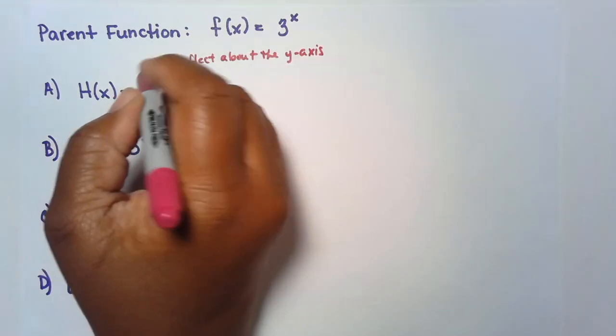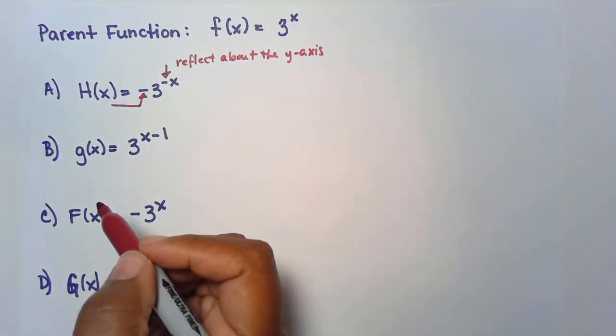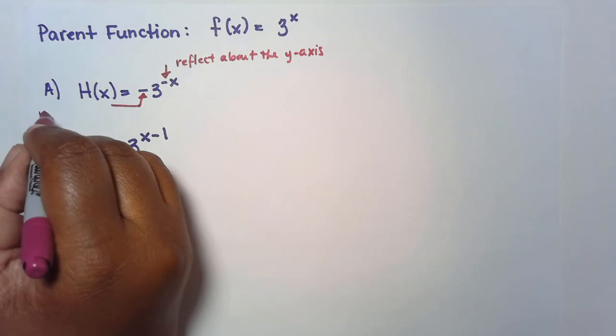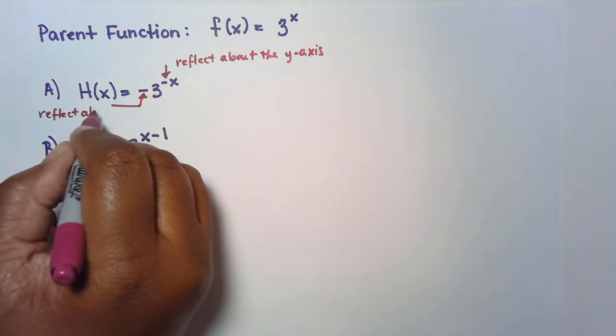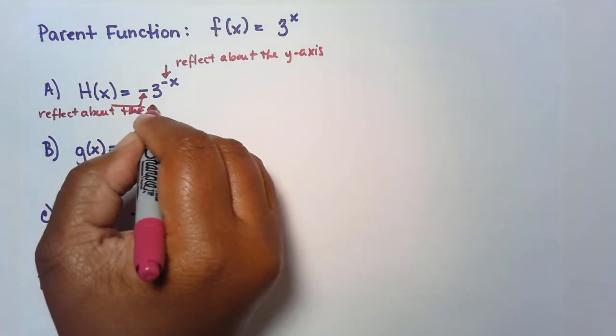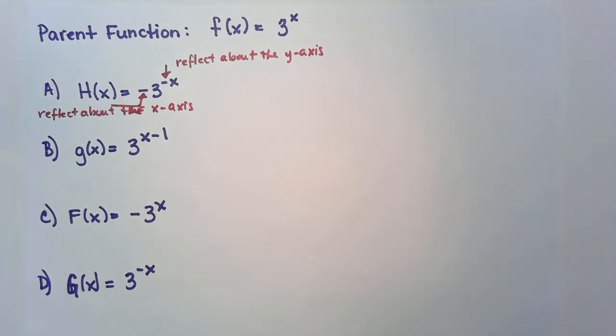And because we have a negative in front of the base 3, it's going to reflect about the x-axis. So that's all I want you to do. Just tell me, how would these graphs change when we start adding numbers to the equation.